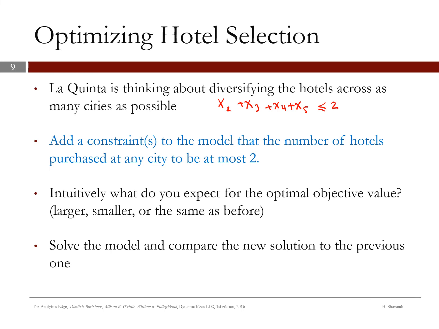Then x7 plus x8 plus x9 should again be less than or equal to 2. And the last one, x10 plus x11, x12, 13, 14, 15, and 16, should again be less than or equal to 2.